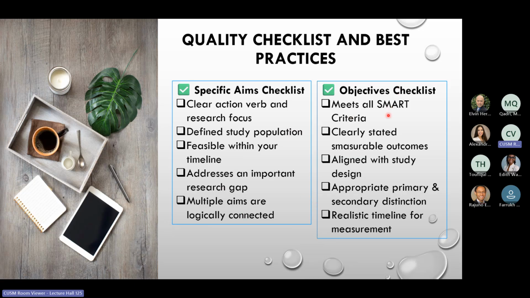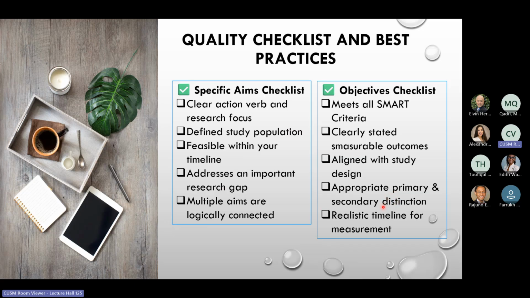For your objectives, use the SMART criteria. Clearly state measurable outcomes. And make sure that your research objectives are aligned with your study design, whether it's quantitative or qualitative research design. And make sure that if you're listing primary objectives, make that your highest priority objective that you want to definitely accomplish.